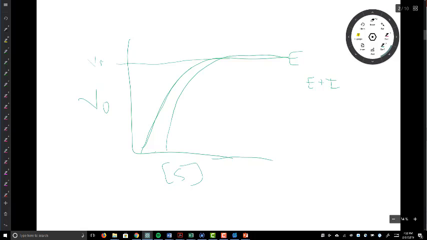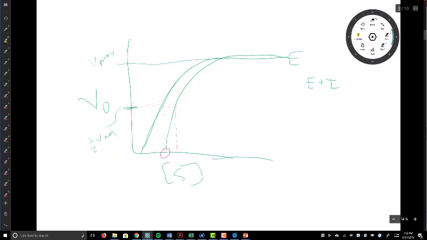Let's extrapolate over to enzyme alone, and then to enzyme plus inhibitor. So this is the concentration of substrate for enzyme alone, and this is for enzyme plus inhibitor.